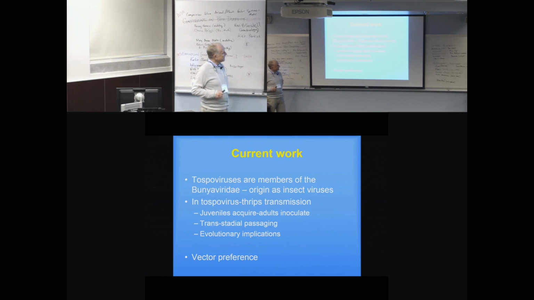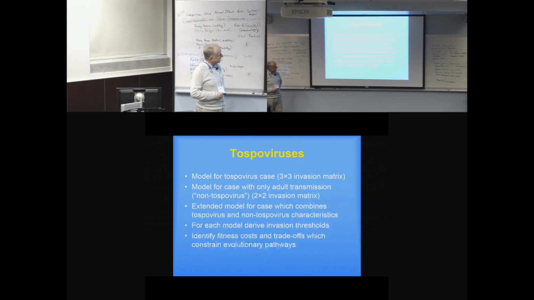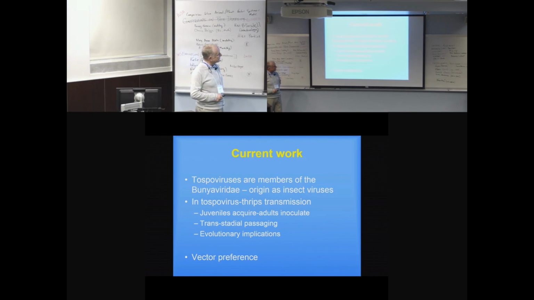Okay? And then the virus can pass transstadally through the various molts of the larva to the adult, and the adults can inoculate. Adults do not acquire. During this period of development from the larva to the adult, there are anatomical barriers, which means that the virus cannot get back to the mouth parts again.